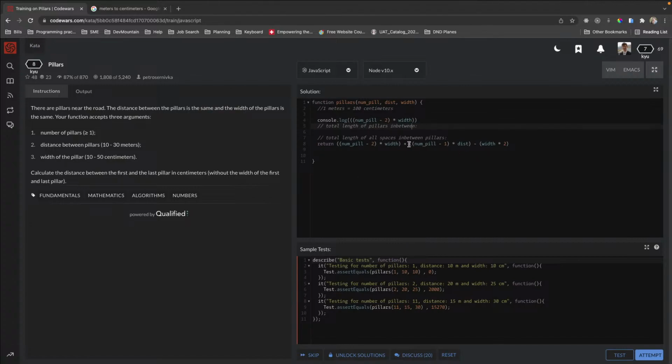Let's grab our next piece here. Okay, and this is the total length of spaces in between the pillars. So this should be number of pillars minus 1 times the distance.